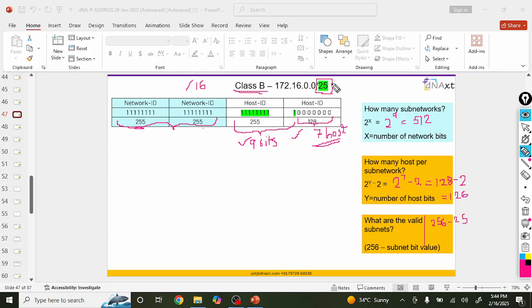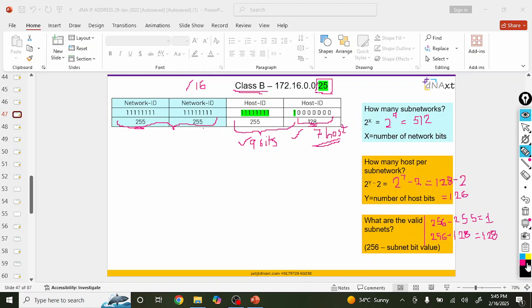Just like in /24 in the previous video, where we already discussed an increment of 1, similarly here an increment of 1 will be there in the third octet. And in the fourth octet the subnet bit value is 128 as only the first bit is on. So 256 minus 128, an increment of 128 will be there in the fourth octet.